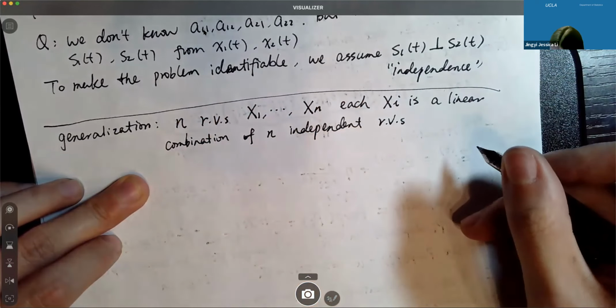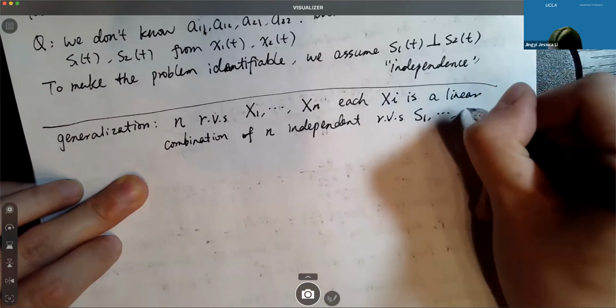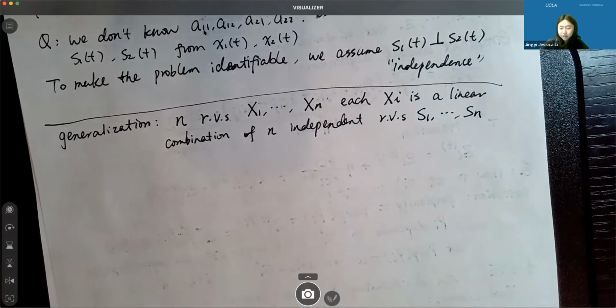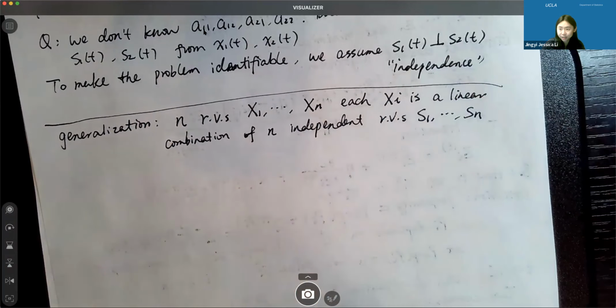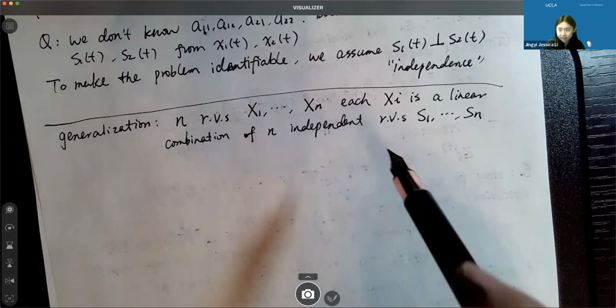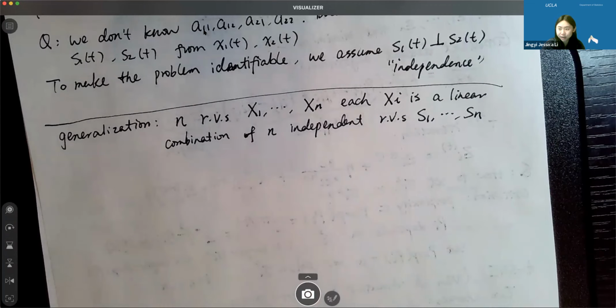We call them S1 to Sn, similar to our previous notations. So the number of measured random variables is equal to the number of independent unknown random variables. So these S1 to Sn are latent and X1 to Xn are observable. And here, as in our sound example, at each time t, you get a realization of each X1 to Xn. So X1 to Xn must have multiple measurements as its realizations, so you could uncover the S1 to Sn.